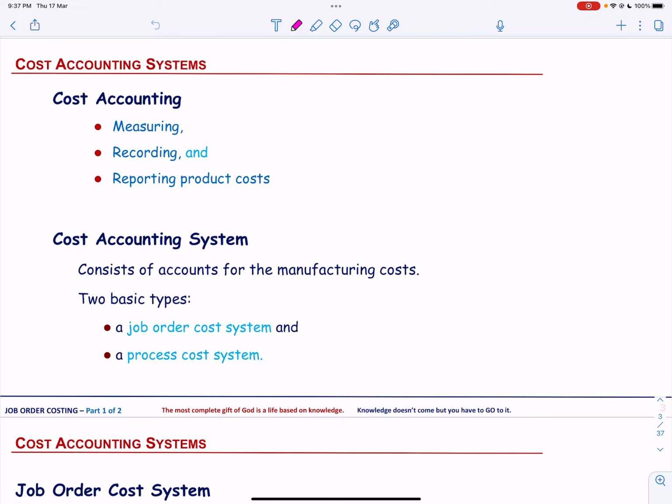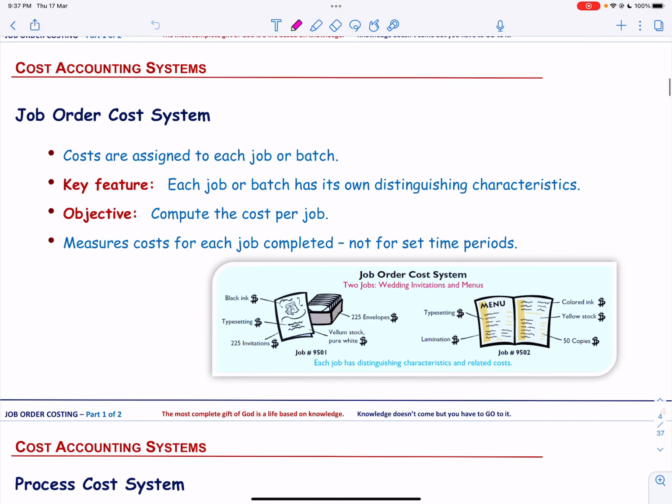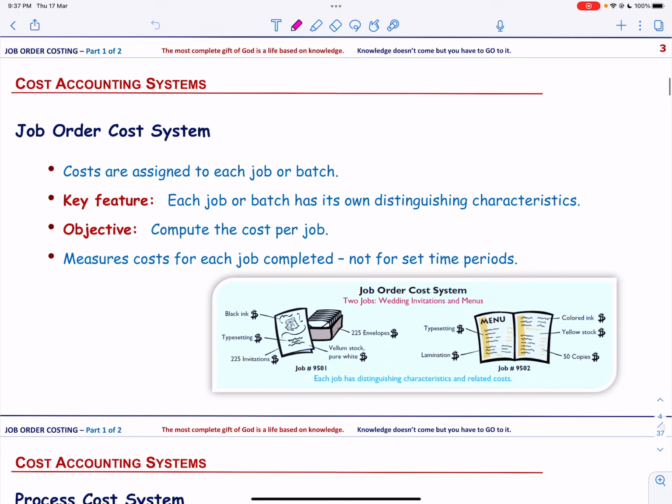There are two basic types of cost accounting systems: a job order cost system and a process cost system. Let us first talk about the job order cost system. Under a job order cost system, the company assigns cost to each job.